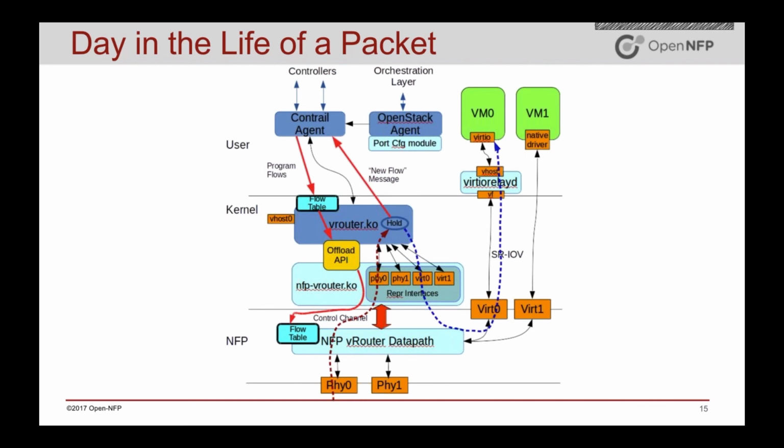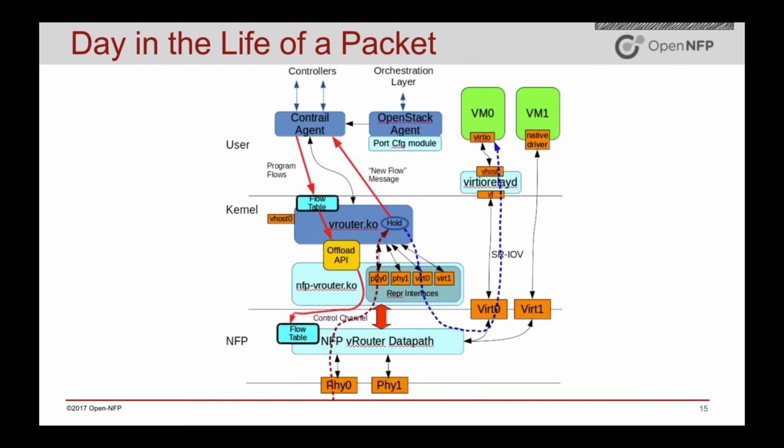So it transmits the packet over the representative interface, which delivers it down to the vRouter data path in the NFP, which says, this requires direct delivery. It's already been handled by the kernel module, so I just have to send it on to where it's supposed to go, virtual interface 0. Let me transmit the packet up to the VM. It does so, and that goes via the VirtIO relay in this particular picture into VM0.